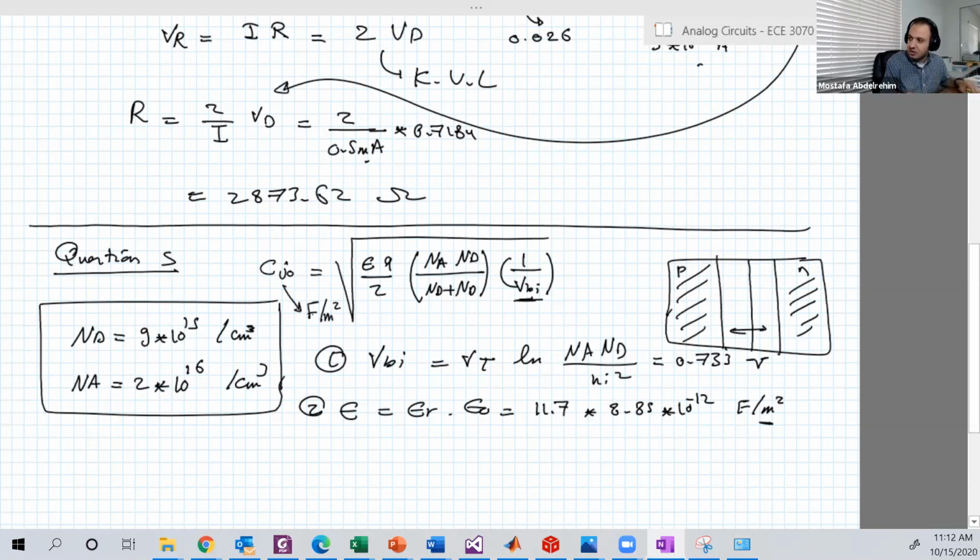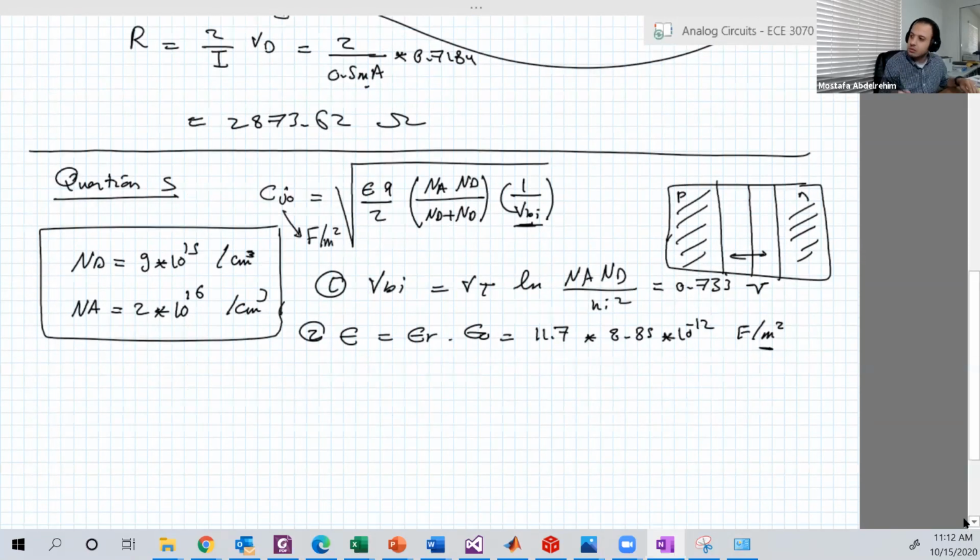Whatever, that's completely up to you. So if you do that, you will find that CJ0 equals 2.648 times 10 to the power minus 4 farad per meter squared.